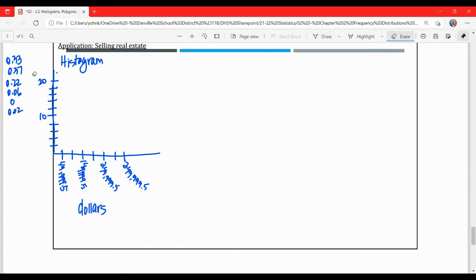So along the vertical, let's just draw it. Got to get up to 0.37. Maybe we count by 0.05s. 0.05, 0.10, 0.20, 0.30, and 0.4. So make sure you label these as relative frequency.